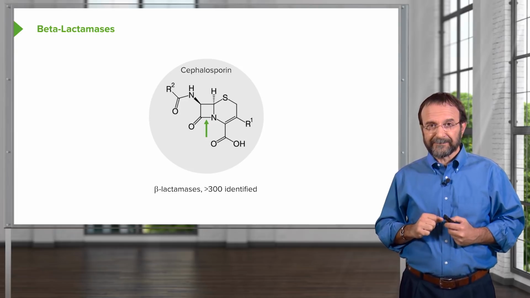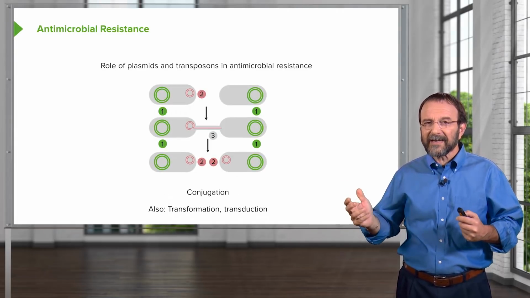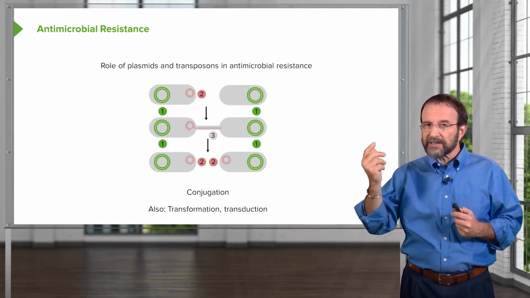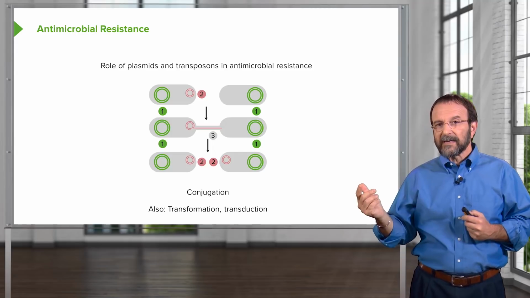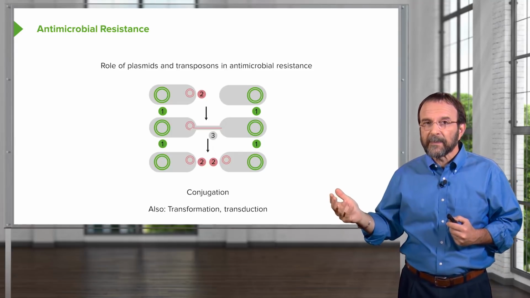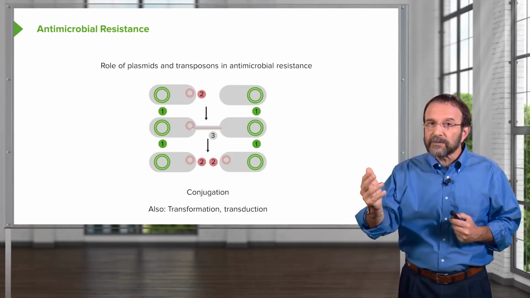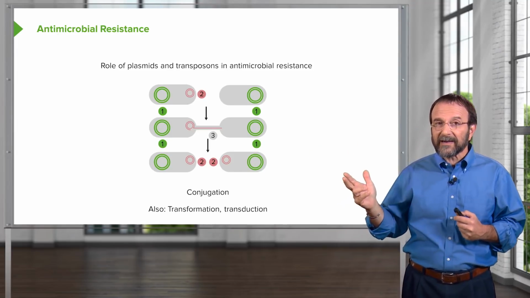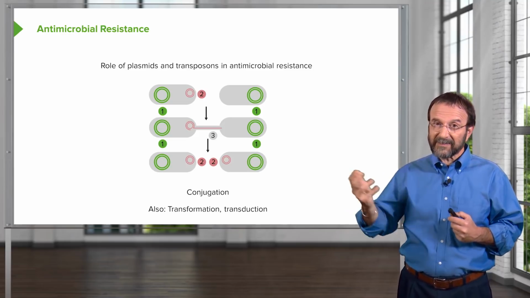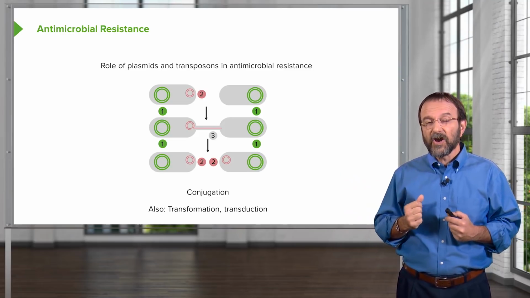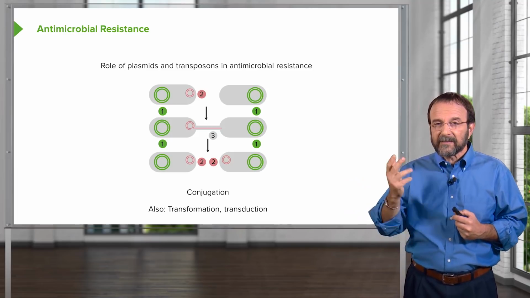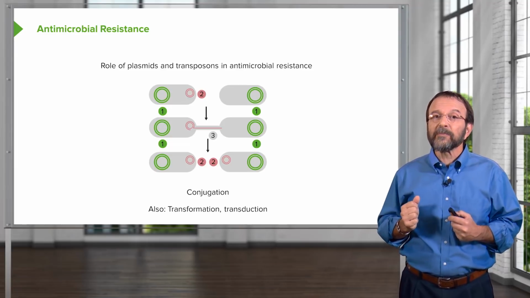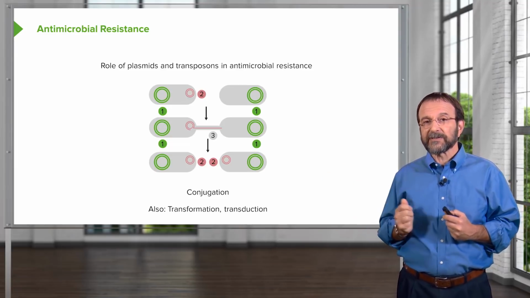Beta-lactamases are everywhere. Further complicating antibiotic resistance is that the genes encoding resistance factors, for example, that encode beta-lactamases, are often able to move from bacterium to bacterium. One way to do that is via plasmids. And in fact, many of these antibiotic resistance genes are encoded on plasmids. This diagram, which we saw previously in one of our other lectures, shows how plasmids can move from one bacterial cell to another.